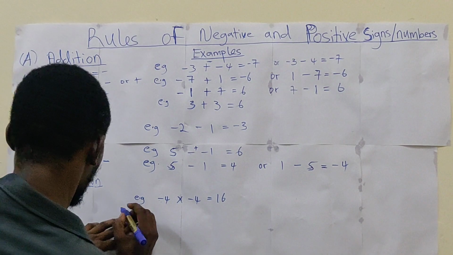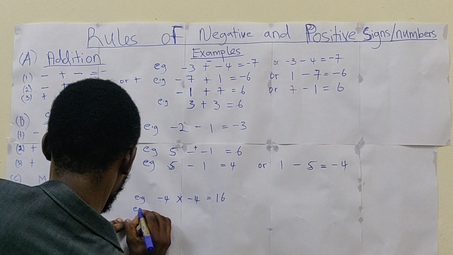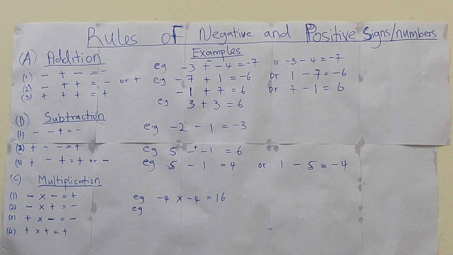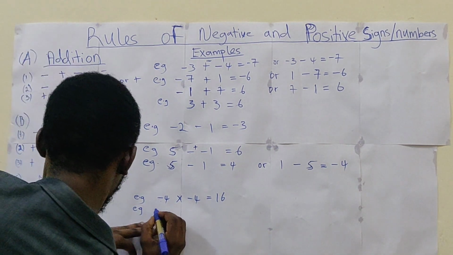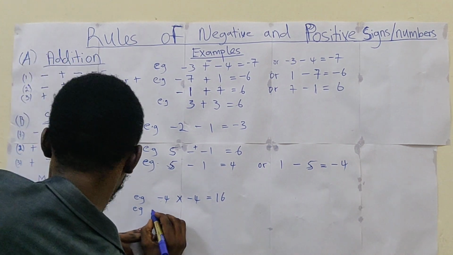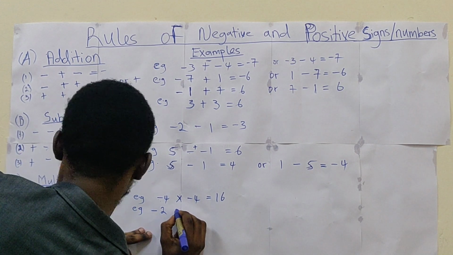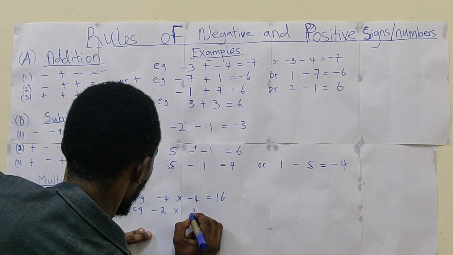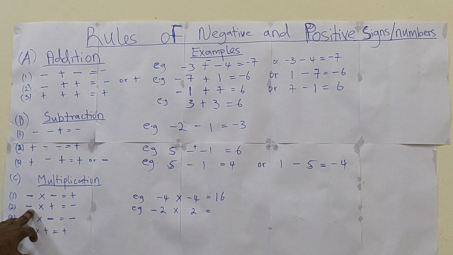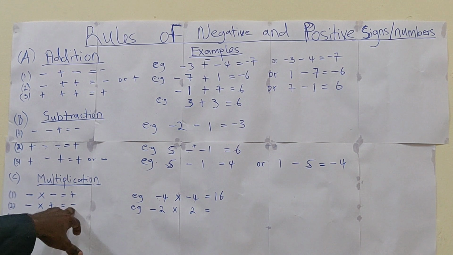Next. Let's say negative 2 times 2. Now the next one is when you are multiplying negative number with a positive number, it is negative.